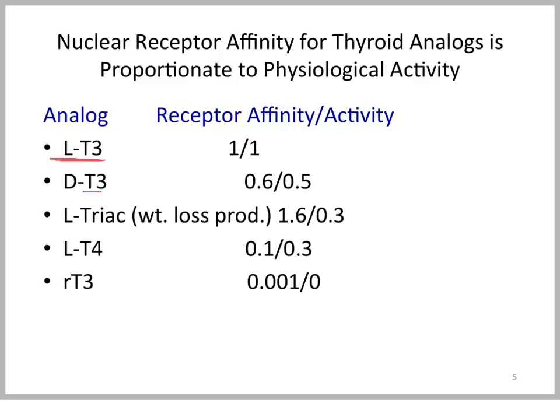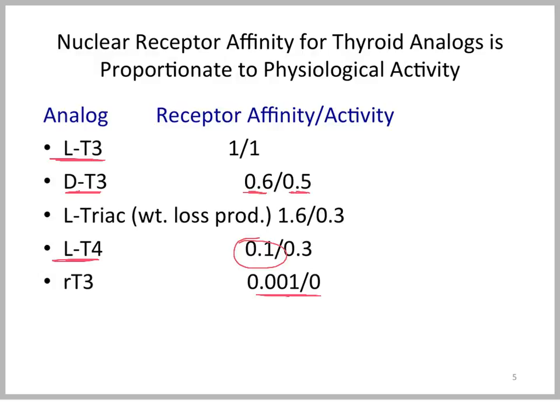The D form has activity, but it's less, and so does the biological activity go down. Then we have T4, let's focus on that first, and depending on the study, it's somewhere between 1/10 and maybe 1/3 of the activity of T3 in these systems, whereas reverse T3 is essentially devoid of activity, both with nuclear receptor binding and metabolic activity.